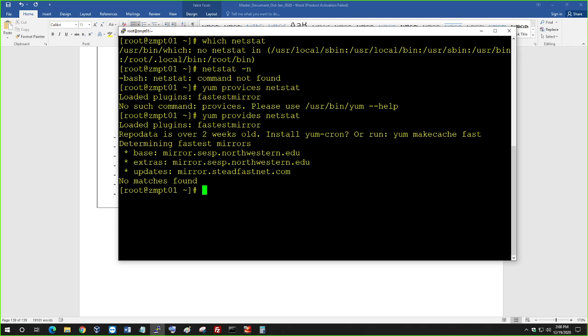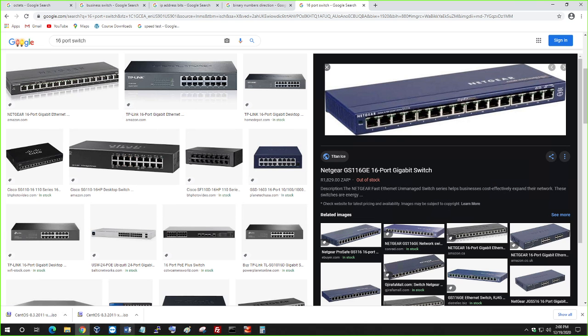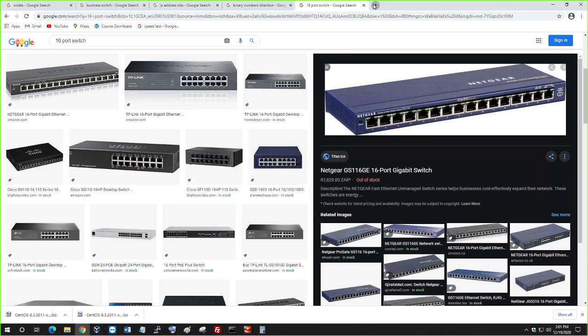I think netstat is part of net-tools, right? Let's see here. If you turn on the upgraded one here, it will have all those things, but we don't want that.